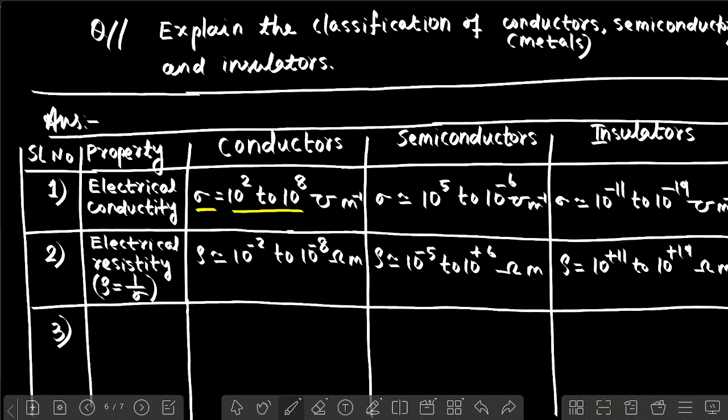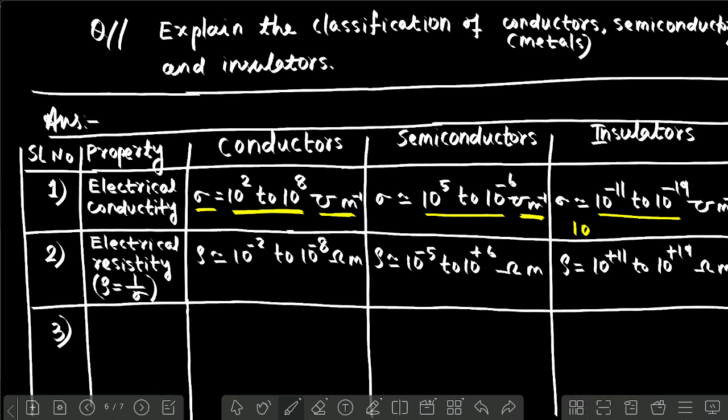Conductors have high conductivity, 10 to the power 2 to 10 to the power 8 mho per meter. Semiconductors have 10 to the power 5 to 10 to the power minus 6 mho per meter. That is the conductivity unit. And for insulators it is 10 to the power minus 11 to 10 to the power minus 19, very less.